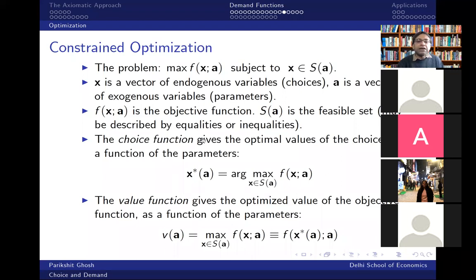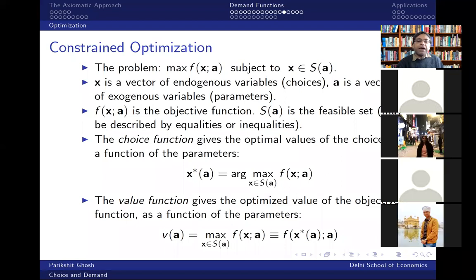That is called the indirect utility function, and it is a specific instance of a value function. Value function is the more general concept. So to sum up, choice function is that vector x which solves the maximization problem. Value function is what you get after plugging the optimum vector x into your objective function.